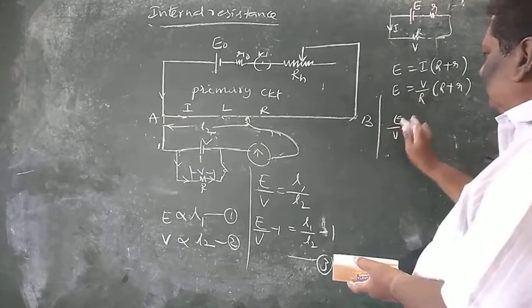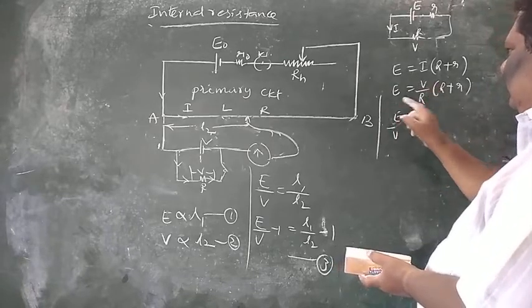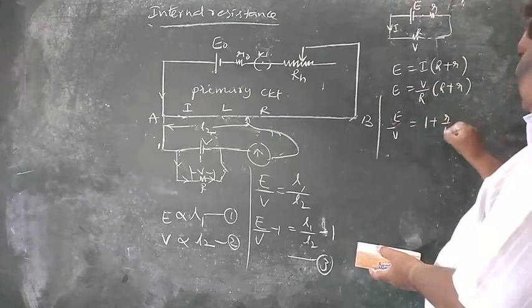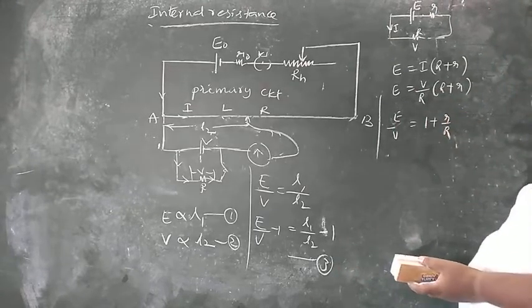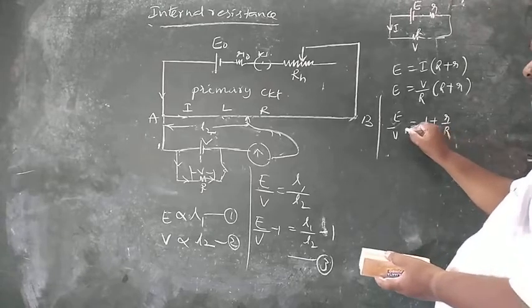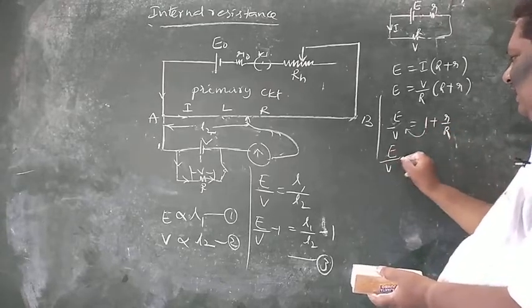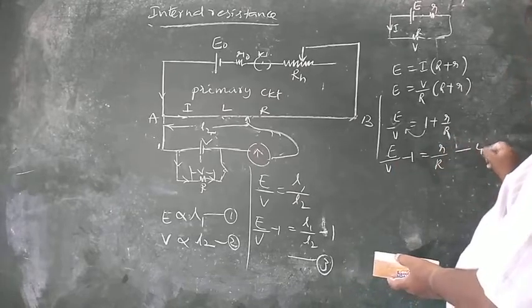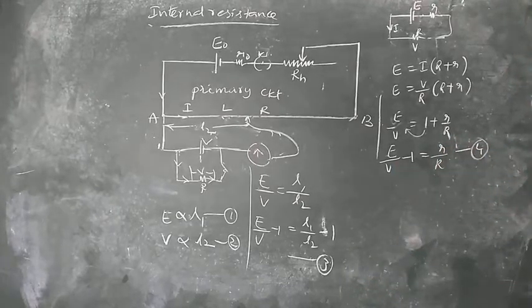E by V is equal to r by R plus R by R. Transfer this one to this side, what happens? E by V minus 1 is equal to small r by capital R. It is the fourth equation.